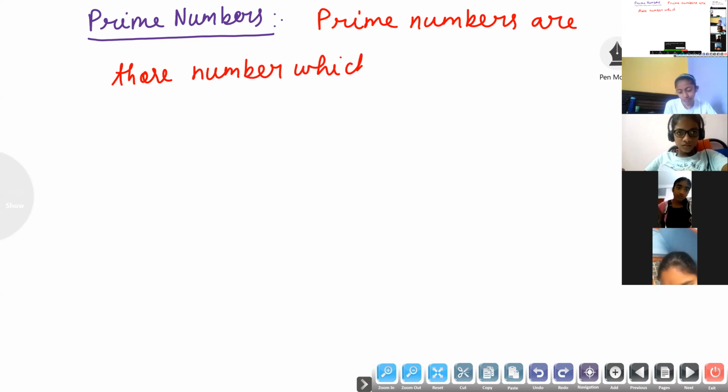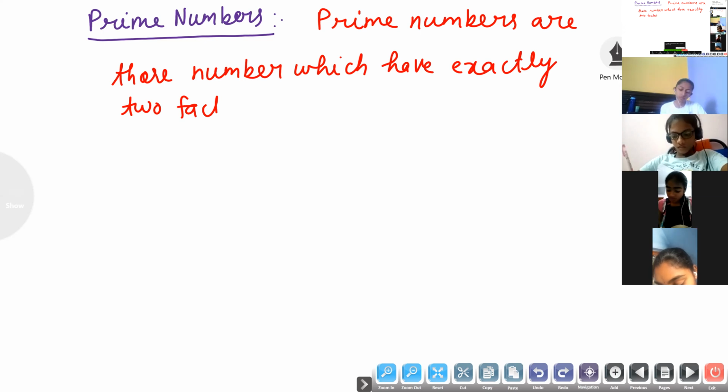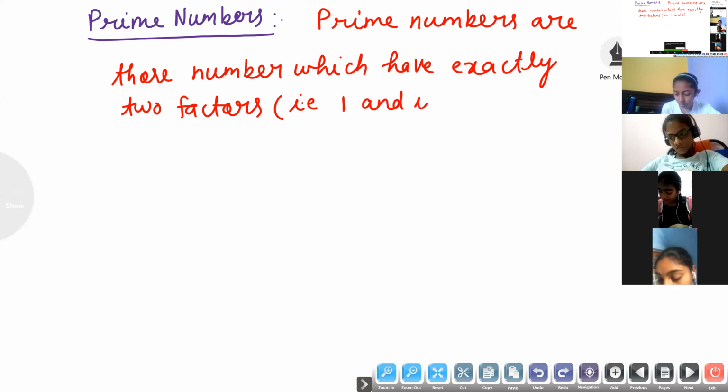which have exactly two factors, that is, 1 and itself.